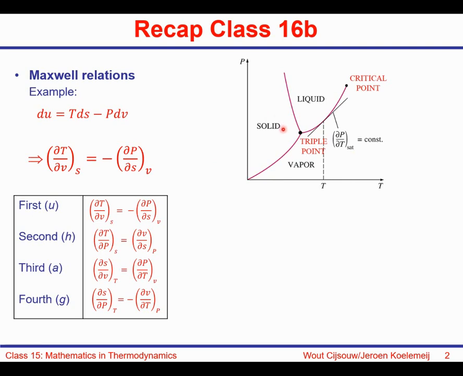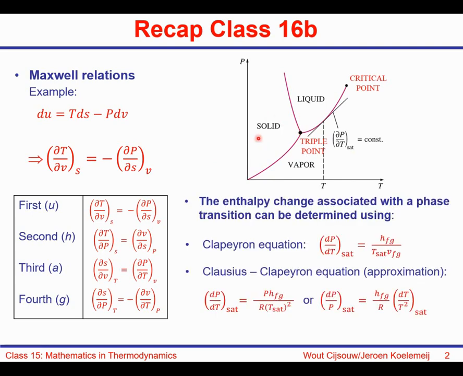We learned about triple points, critical points, and we learned about the Clapeyron equation, which relates the slope of this specific curve, the saturation curve, to the enthalpy of the phase transition. For example, the enthalpy of vaporization when you go from a liquid state to a vapor state.